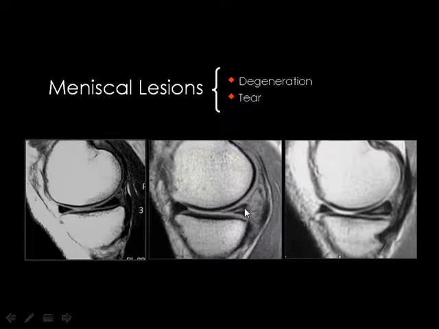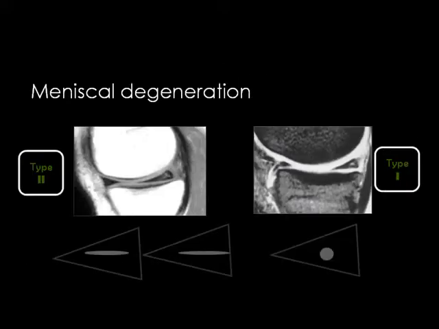If it cuts one or more of the surfaces of the meniscus, then you call it tear. Now, we have two types of degeneration, grade 1 and grade 2. Grade 1 is just a dot in the meniscus, like this one, a dot. And grade 2 is a line. Grade 1 is a small lesion, grade 2 is a relatively larger lesion.